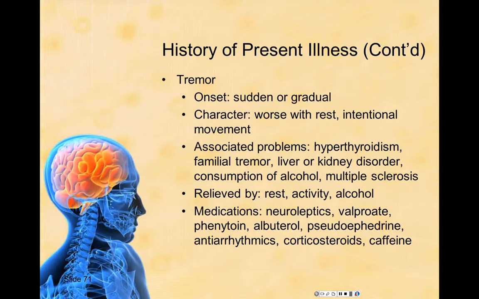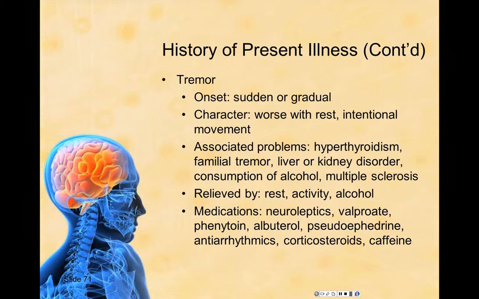Is there a family history of such a thing? Do they have any chronic liver or kidney problems? Do they consume a lot of alcohol? Are there other factors such as multiple sclerosis? I want to ask about the tremor and whether it's relieved by rest, whether it's relieved by activity, or whether it's relieved by drinking alcohol.